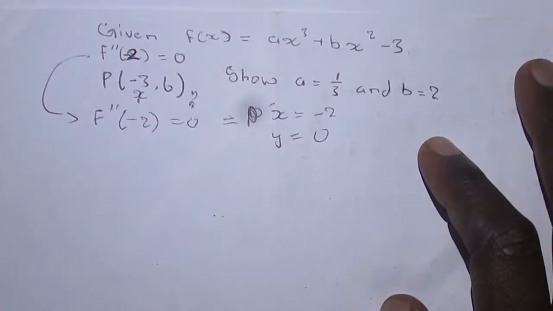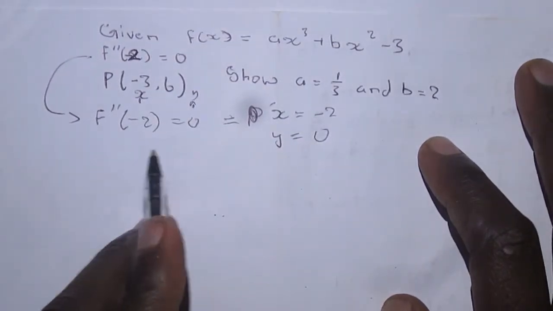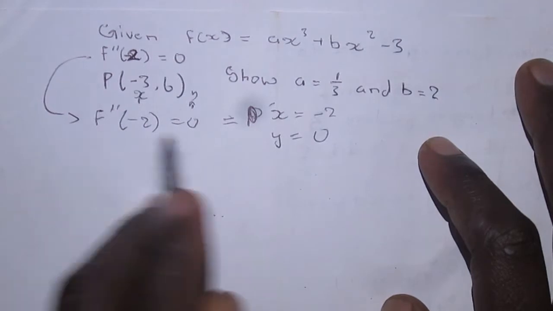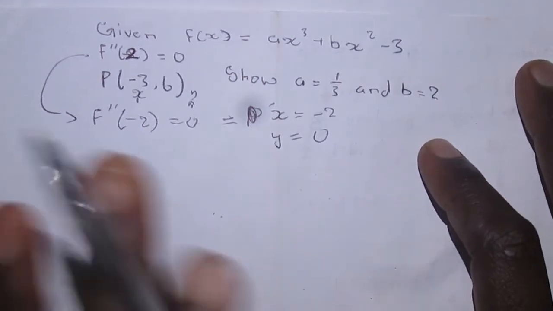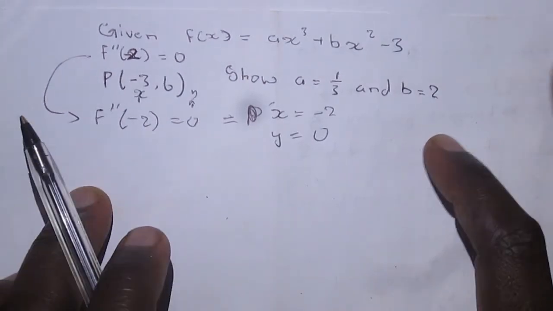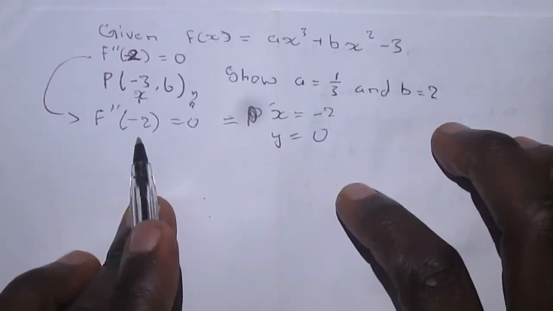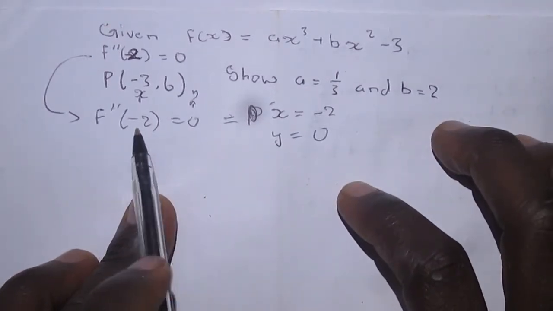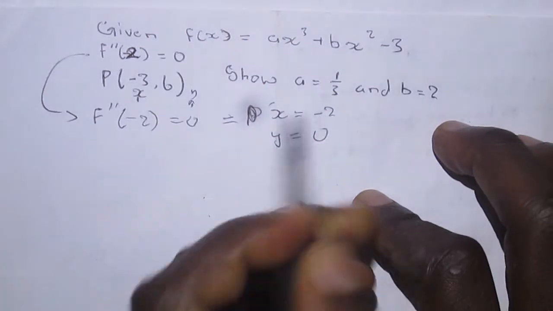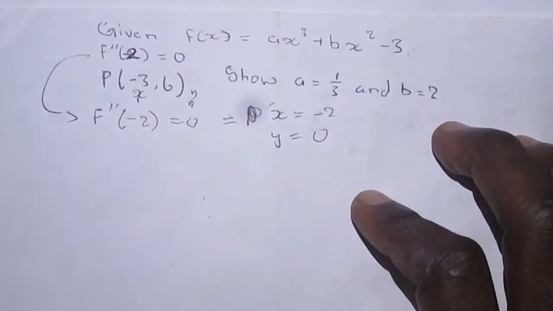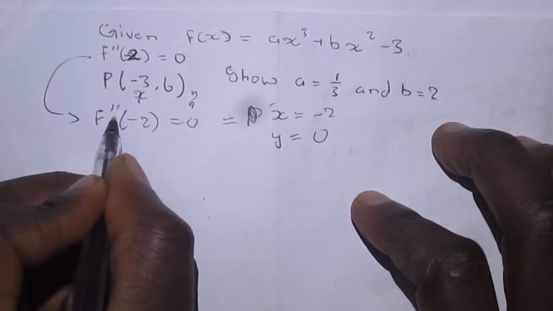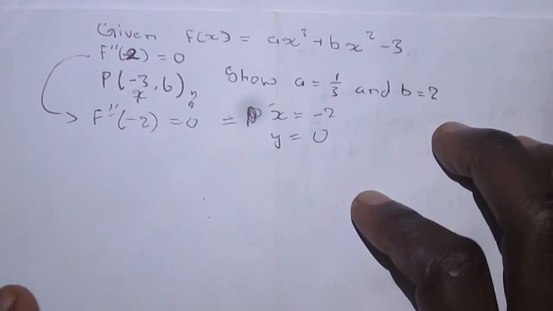A lot of people have a problem interpreting this. I gave it to my student, they didn't really interpret it very well. You have x equal to -2 on the second derivative, you get that y will be 0.